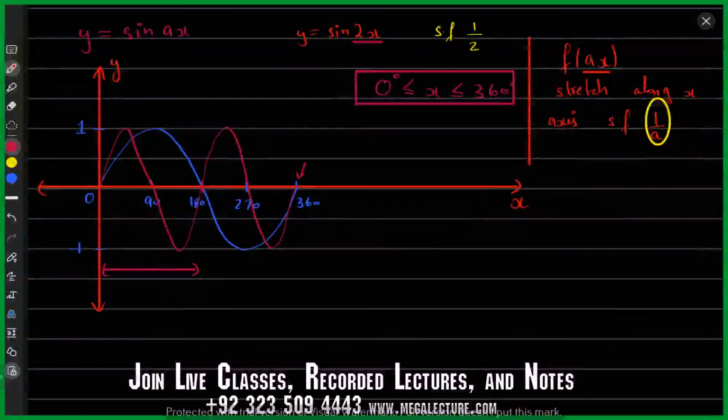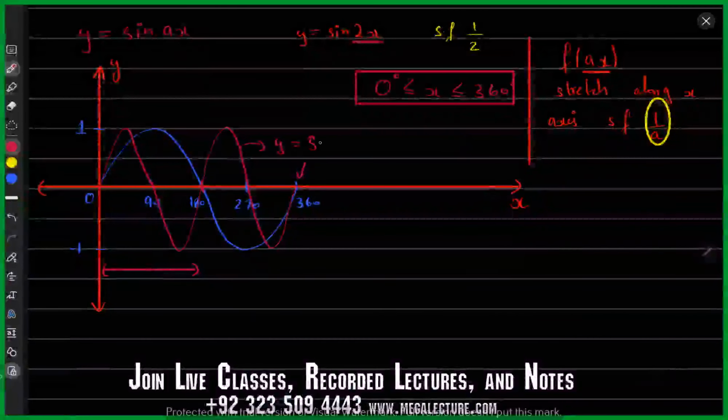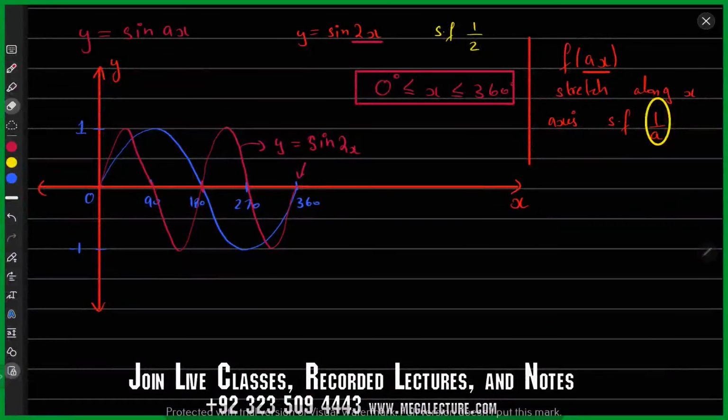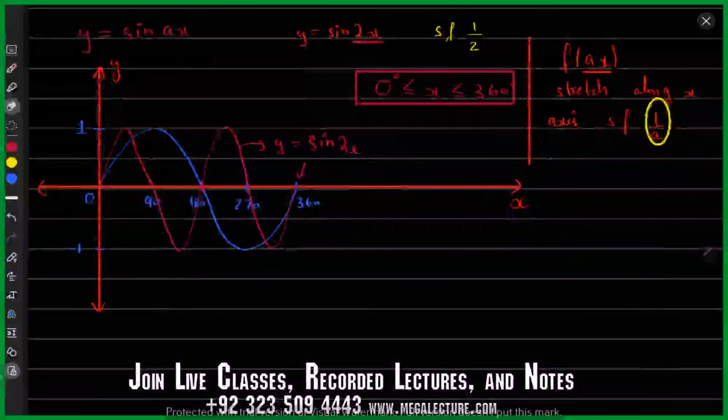So this pink graph is basically the graph of y equals sine of 2x, and the blue graph is the basic graph. Any confusions, Abdul Rahman, Munja, Rafe, and Motasum?